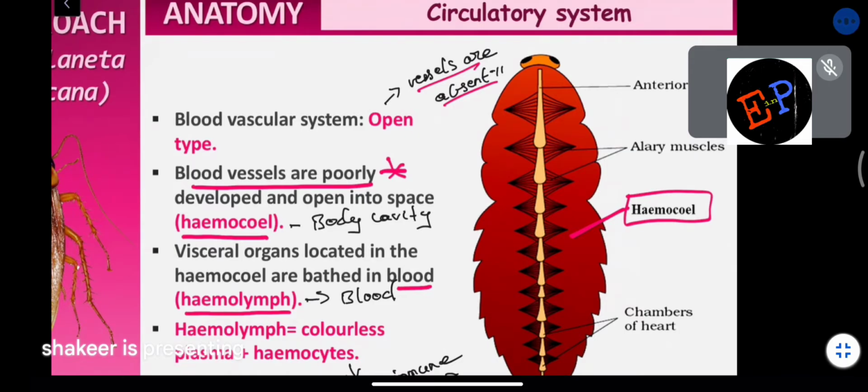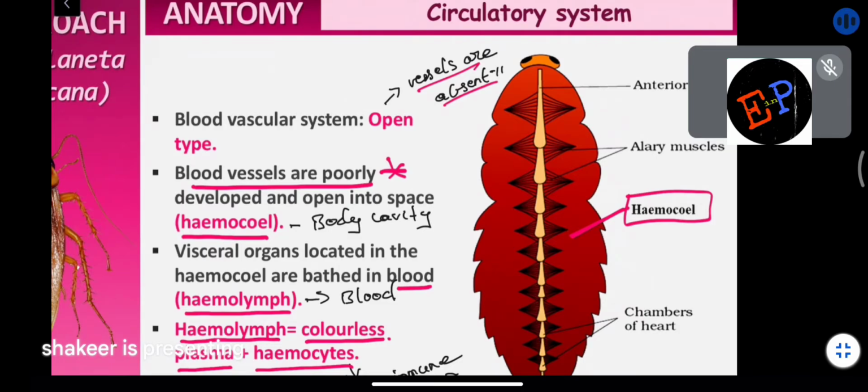So hemolymph, this blood, consists of what? It consists of colorless plasma and hemocytes. Hemolymph is the name of the blood, and the blood contains plasma. We have many types of cells in our blood: RBCs, WBCs, neutrophils. But in the case of cockroaches, the major components are plasma, the liquid component of blood, and hemocytes.